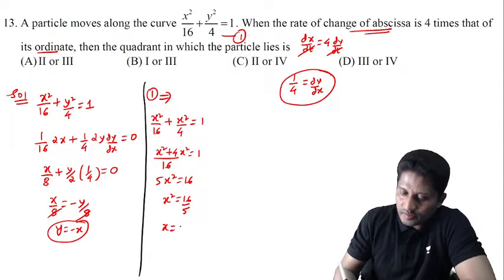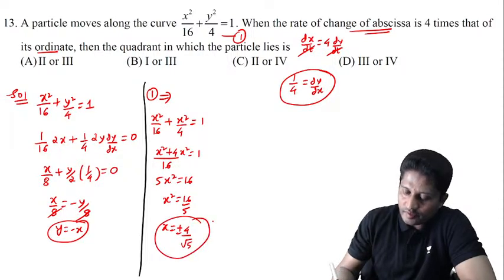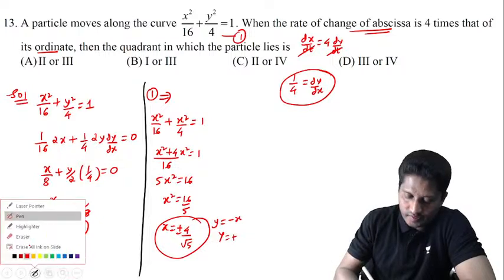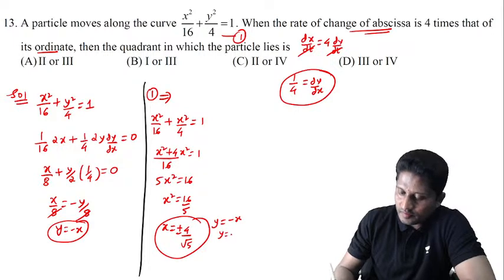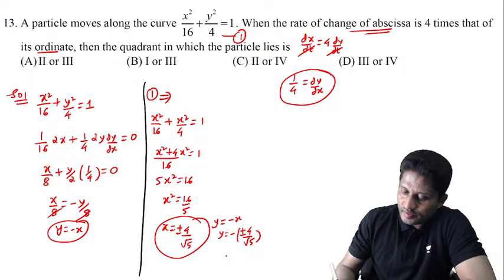So x is equal to plus minus 4 by root 5. Y is equal to minus x, right? So y is equal to minus plus. Minus of plus minus 4 by root 5 becomes minus plus 4 by root 5.